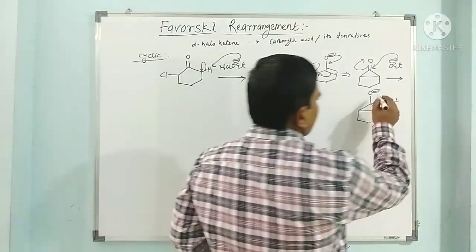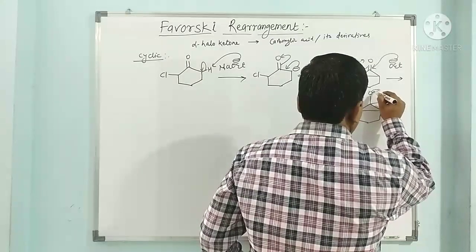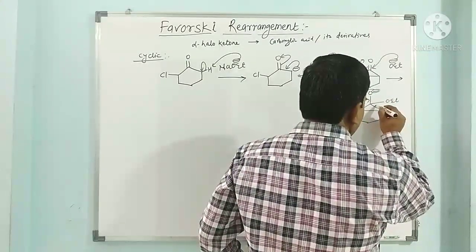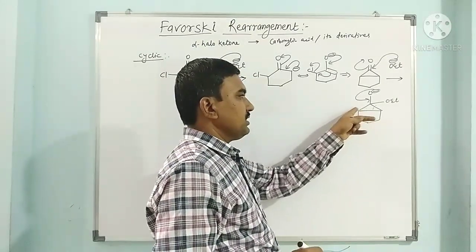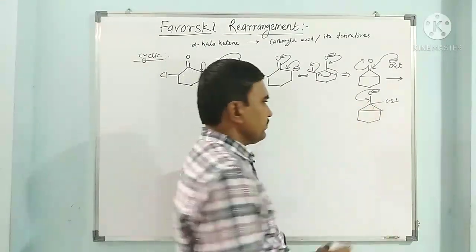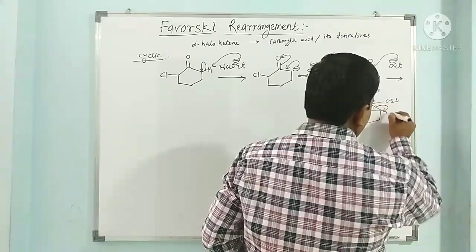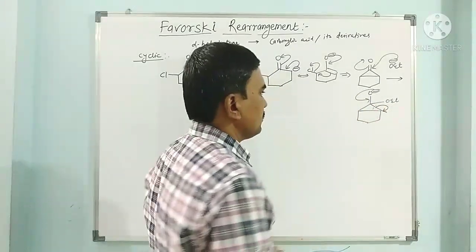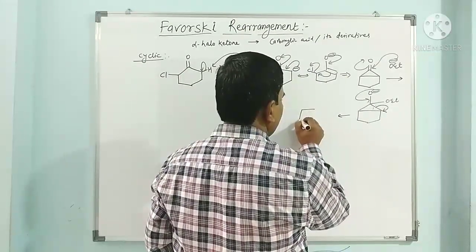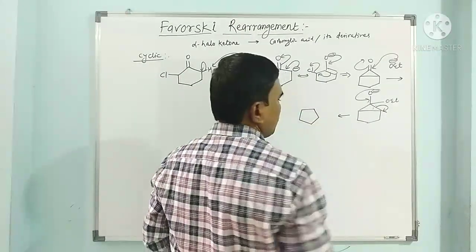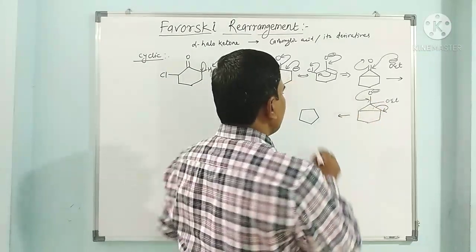Now this attacks here and this bond gets cleaved. Now any bond can be cleaved because it is symmetrical. If negative charge is generated here or here, it is the same. So this bond can be broken and electrons go to this. So a new carbanion is formed. So we get here this 5-member system having COOEt.